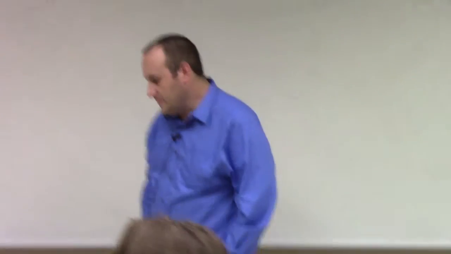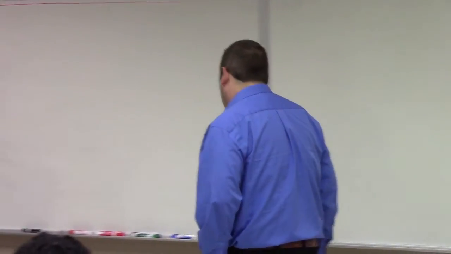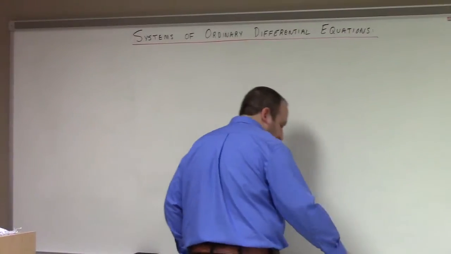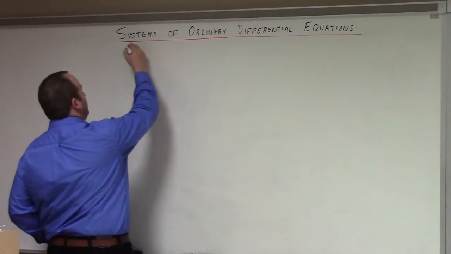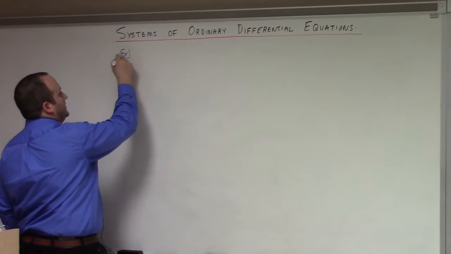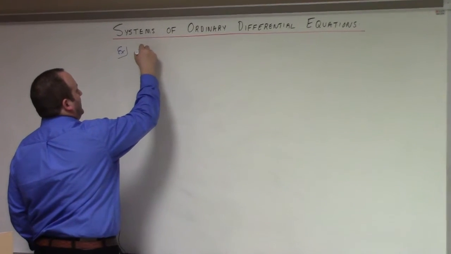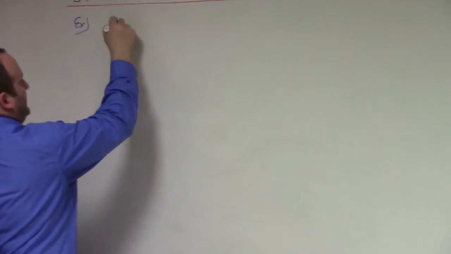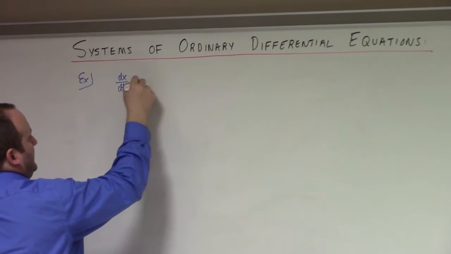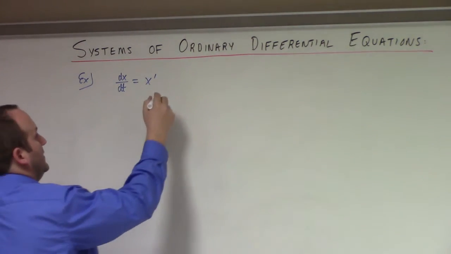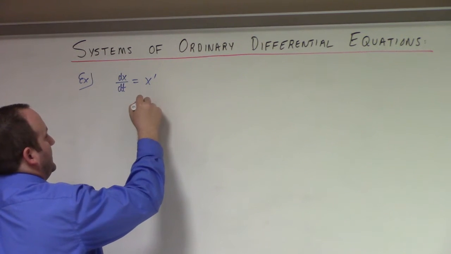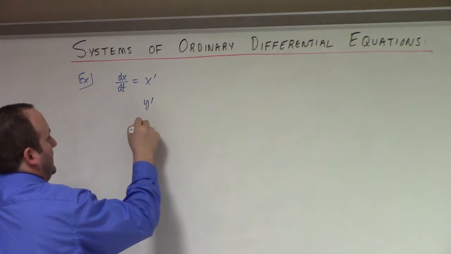Amen. All right, so I guess first things first, I probably should give you an example of what is a system of differential equations. So let me just give you an example to start us. If you have dx dt, which I'm going to say is x prime, just for the sake of not writing dx dt a bunch of times, and then you have y prime, and then you have z prime.